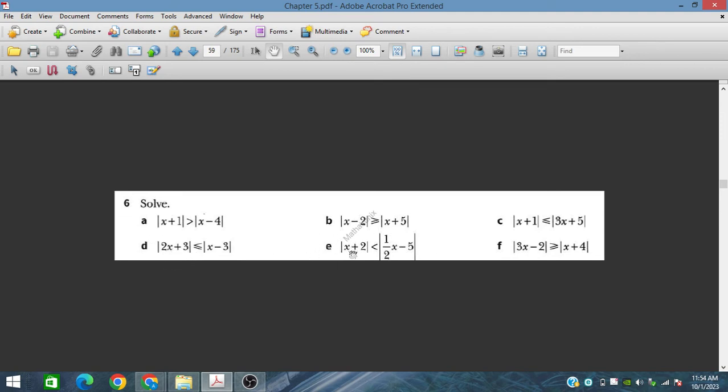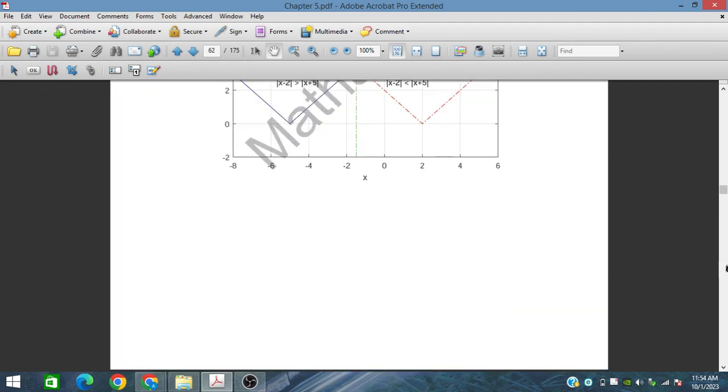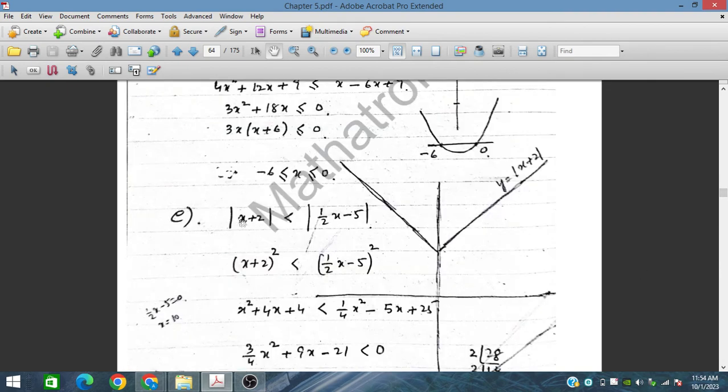Let's solve E. |x + 2| is less than |half x - 5|. So let's solve this question number E. Here we have |x + 2| is less than |half x - 5|.